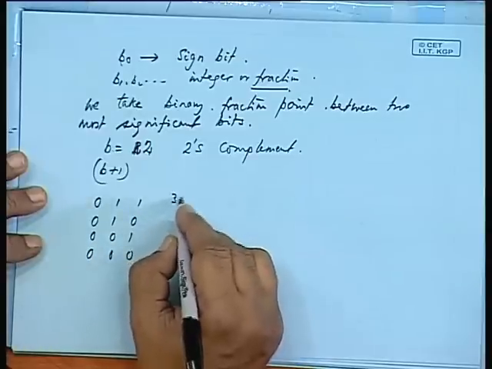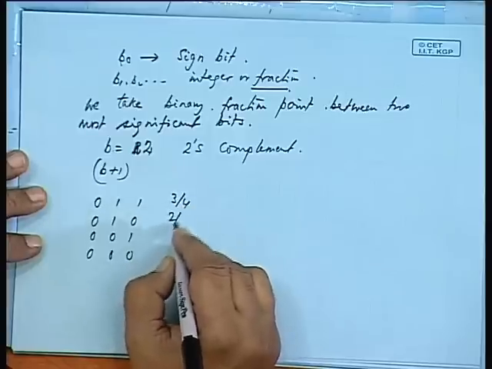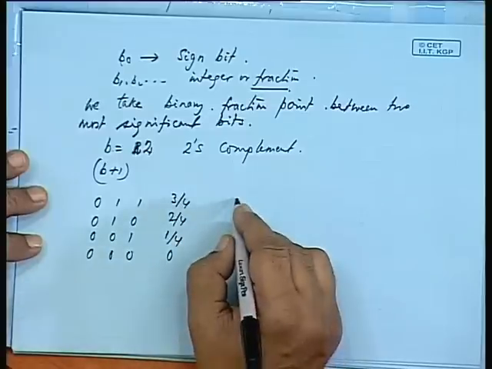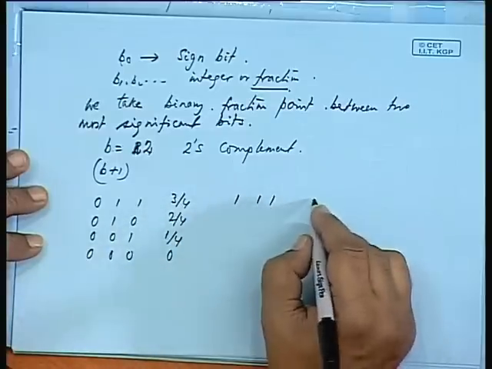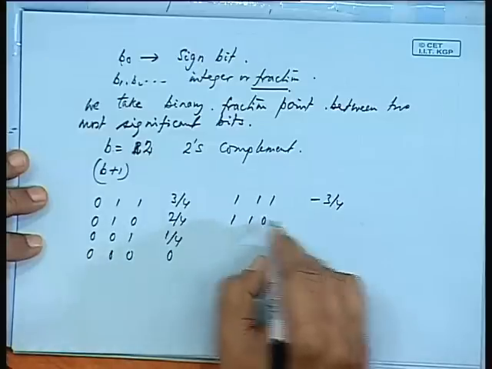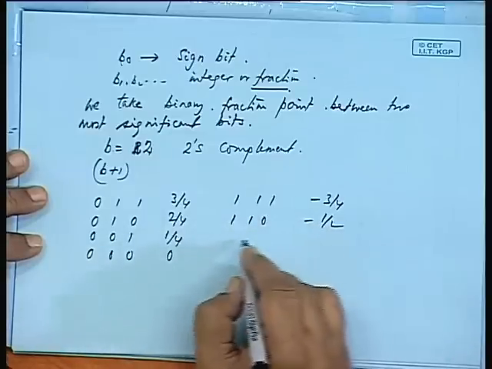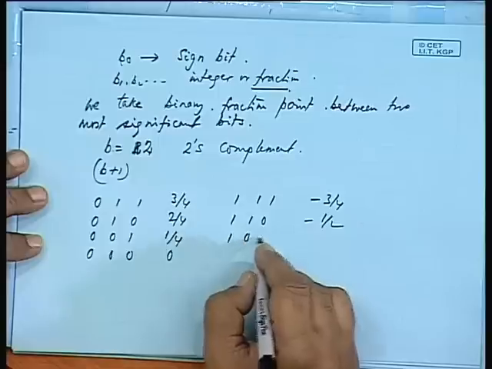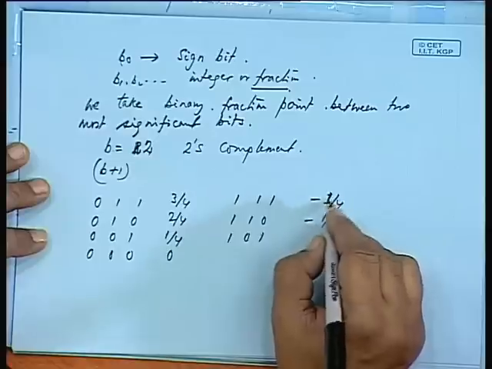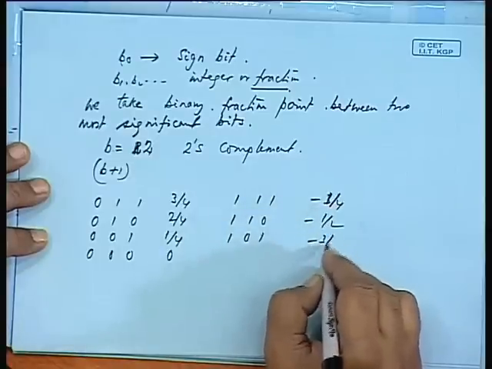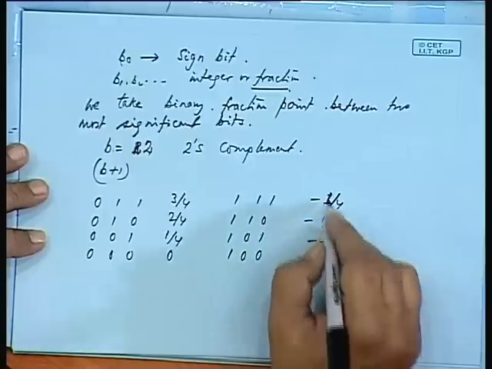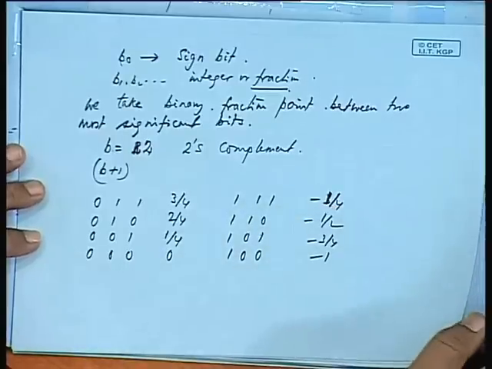We write 3 by 4, 2 by 4, 1 by 4 and 0, and then 1 1 1 as minus 3 by 4, 1 1 0, minus half, 1 0 1, this is minus 1 by 4, minus 3 by 4, and 1 0 0 as minus 1. Okay.